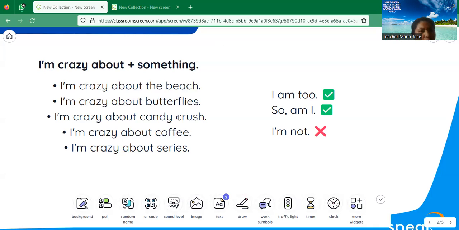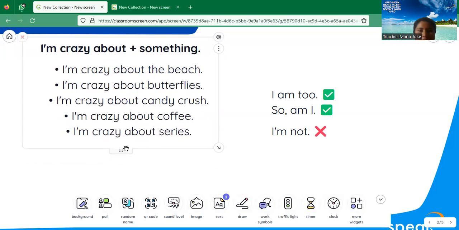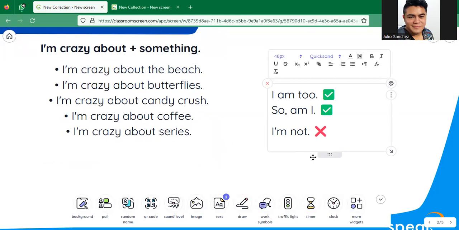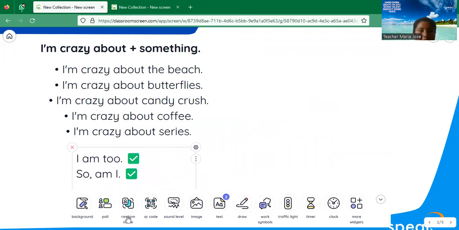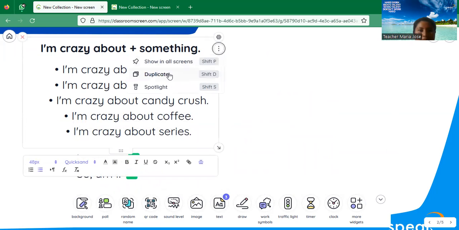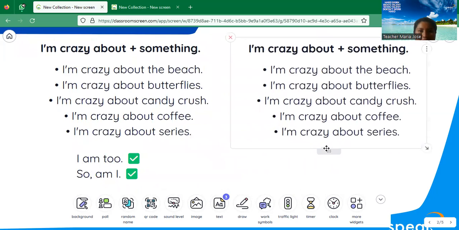Now, if I want to make all of these sentences, but negative, how do I do it? What do you think, Julio? How do I make them negative? The sentences that we have here, the same sentences, but negative.